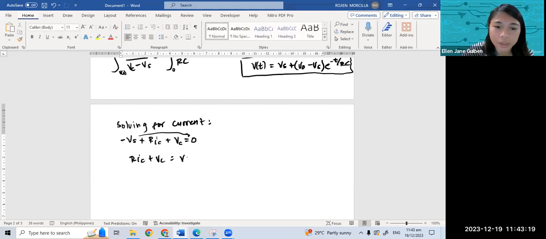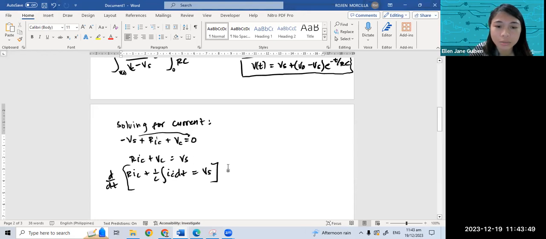We have here VS. Next, R IC plus VC is equal to 1 over C integral of IC dt, equal to VS. Now we have an integral, we need to differentiate d over dt.